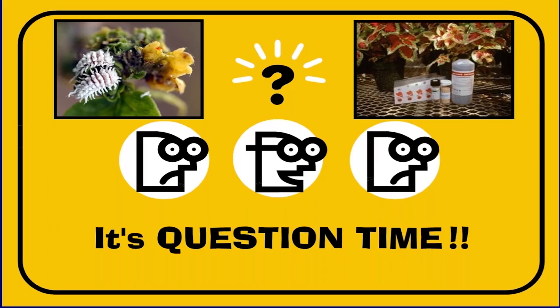It really requires another webinar or more time to address it. But the general consensus is that not all biologicals can be used together because some, especially predatory mites, will eat each other if they can't find a food source, so you couldn't use them together or in conjunction.